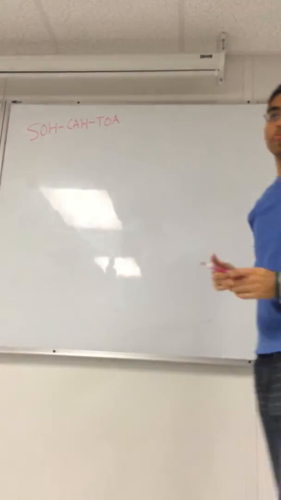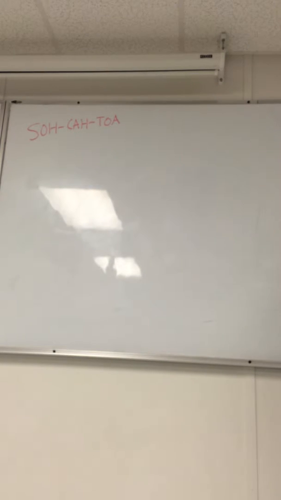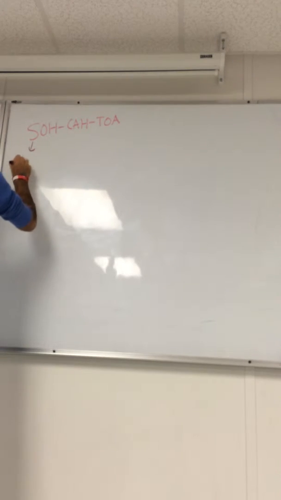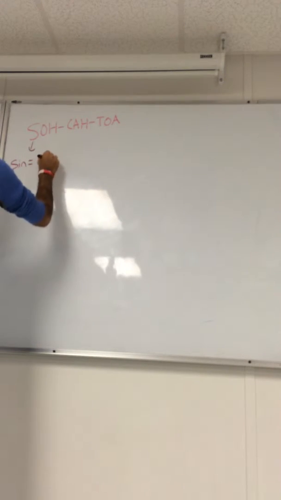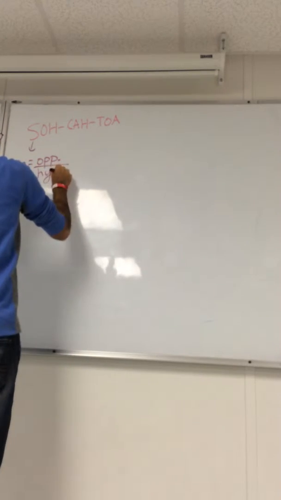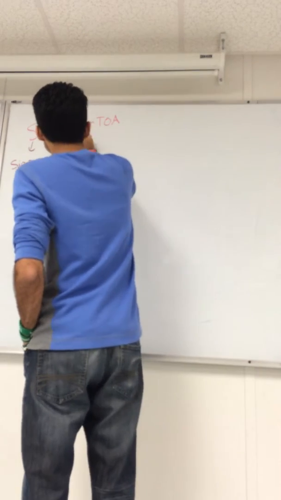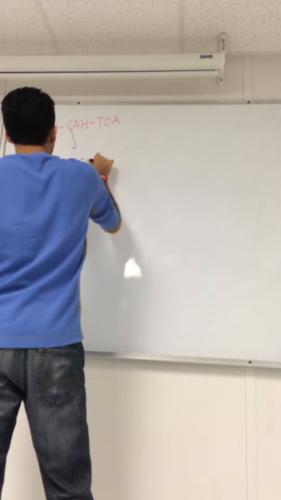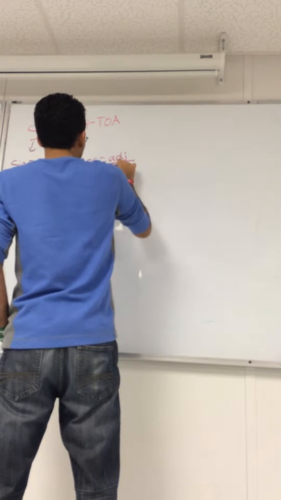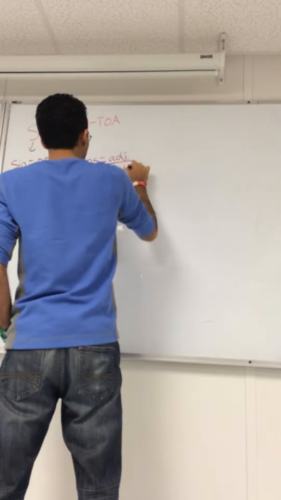SOHCAHTOA. This we know. The S is for sine, and this is saying sine is opposite over hypotenuse. The C is cosine, adjacent over hypotenuse.